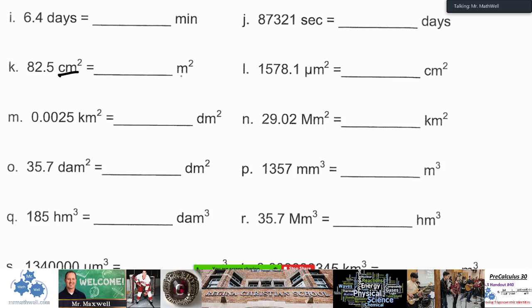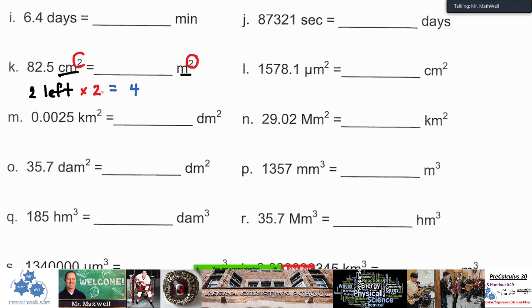Well, centimeters to meters on the metric staircase, that would be two decimal places to the which way? Left? Right? So centimeters to meters, we would normally move the decimal place 2 places to the left. But because we're talking about squared units, we do this times 2, which equals 4 spaces.